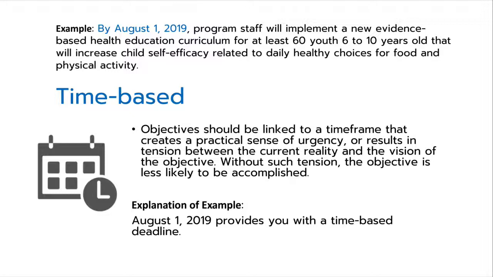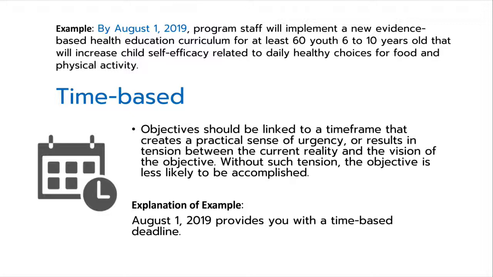So we want to have this tension, ideally, between our current reality, where we're at now, and the vision of this objective. We want to make sure that we are creating a deadline that helps focus us and get us moving and helps us to accomplish this goal.